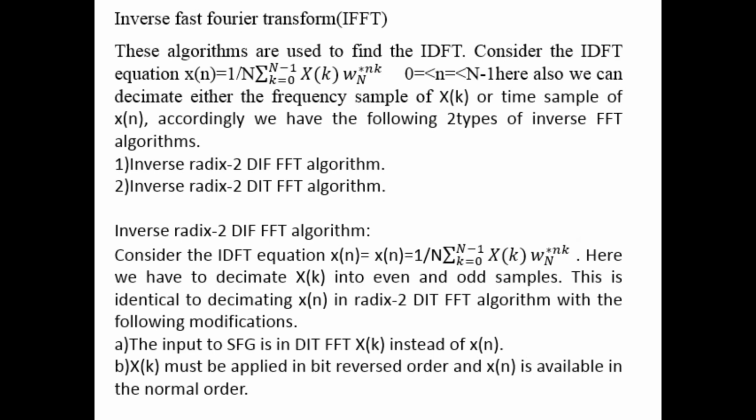So first one is the input to signal flow graph in DIT FFT is X of k instead of x of n. Second one is X of k must be applied in bit reversed order and x of n is available in the normal order.